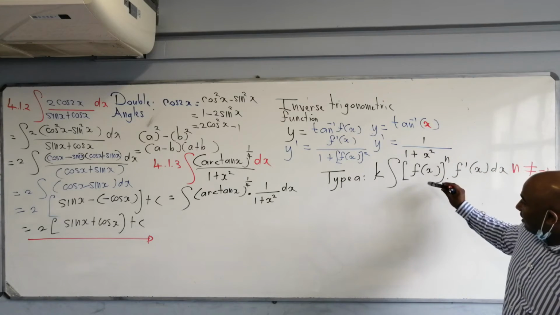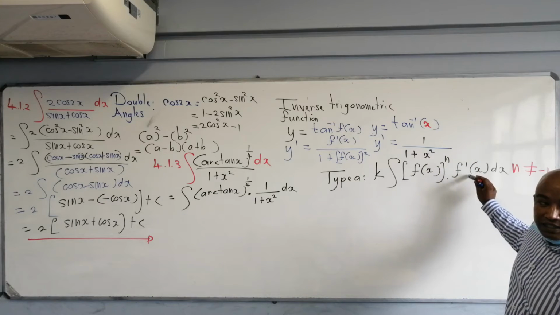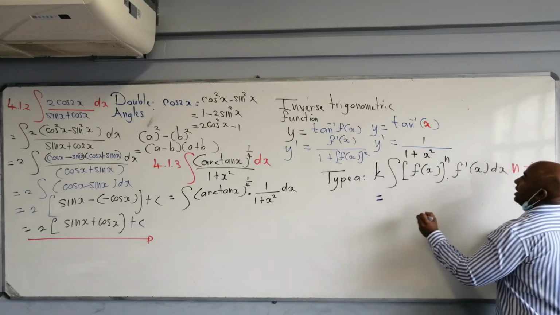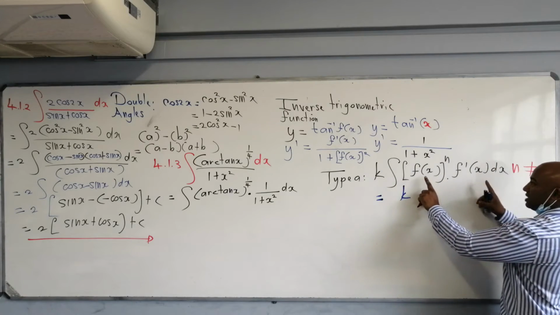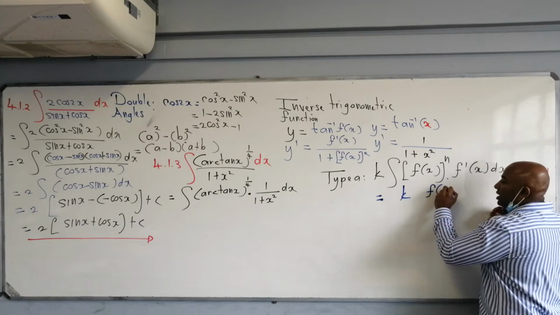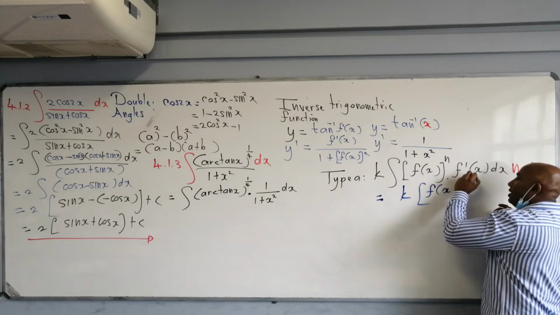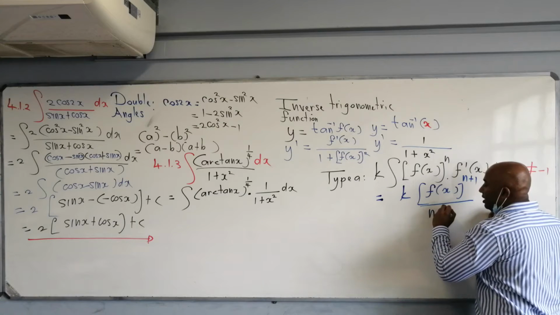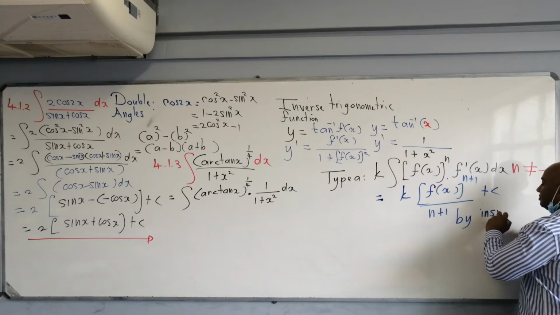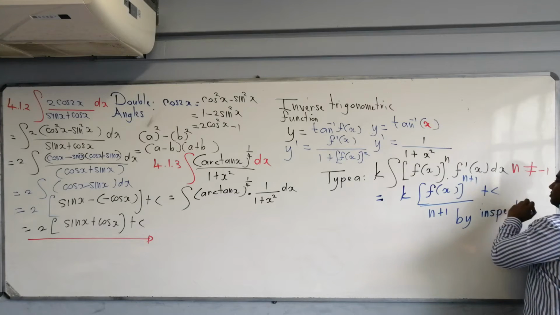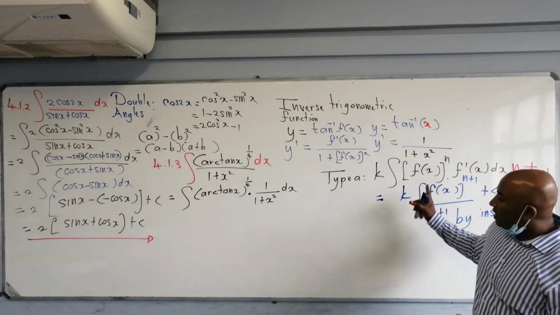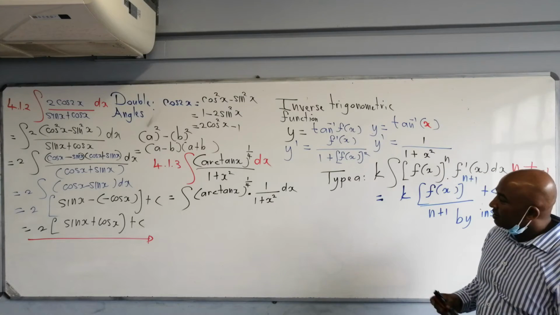We have f of x to the power n multiplied by the derivative of f of x, which is f prime x, and then by inspection, if this condition is satisfied, the answer will always be f of x to the power n plus 1 all over n plus 1 plus c. So there's no need to use substitution if you know how to apply this by inspection.